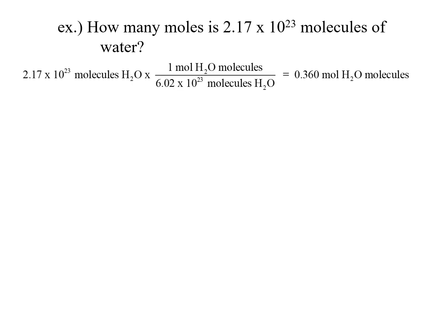So this is what your setup should look like on your paper. Right? 2.17 times 10 to the 23rd molecules H2O. And then we put multiply. On the bottom, I had to put molecules of H2O because the units from the beginning, the given, have to match the units on the bottom because they have to cancel.